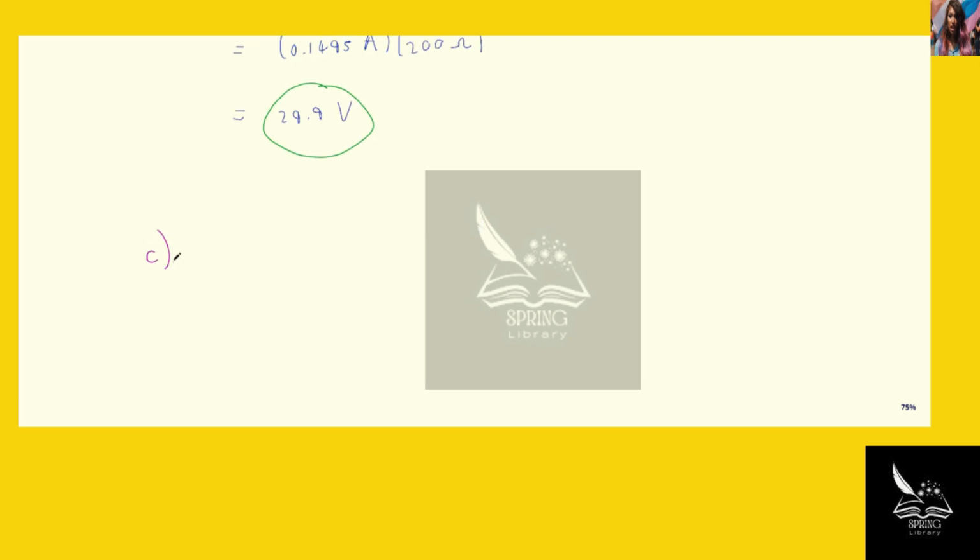For part C, the capacitor voltage phasor is 90 degrees less than that of the current. And so, again, at t equal to 4.17 milliseconds, we get the voltage across the capacitor Vc to be I times the sine of 90 degrees minus 24.3 degrees minus 90 degrees times the reactance of the capacitor Xc.